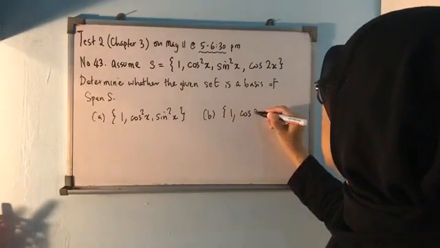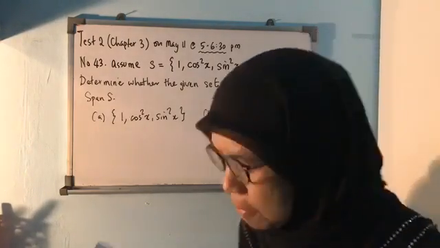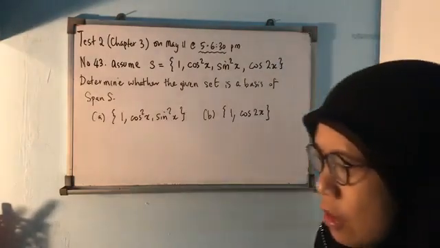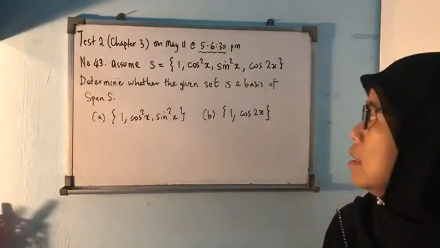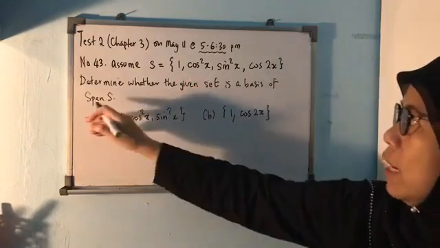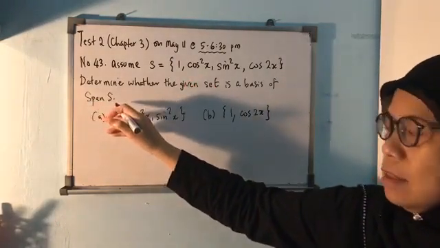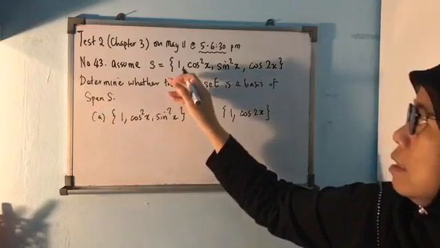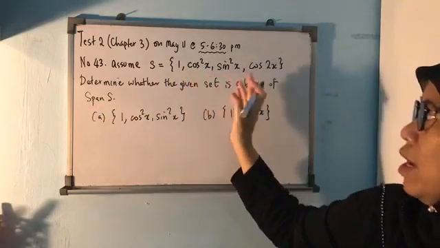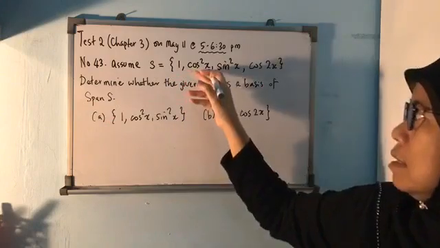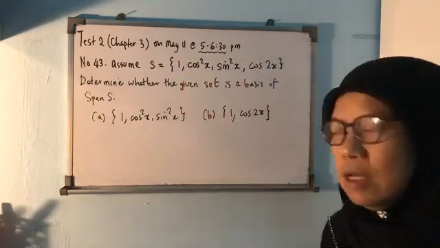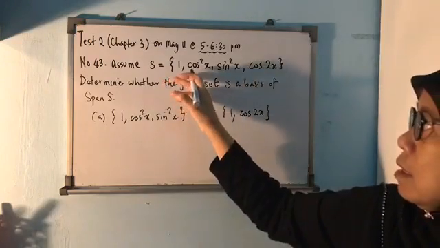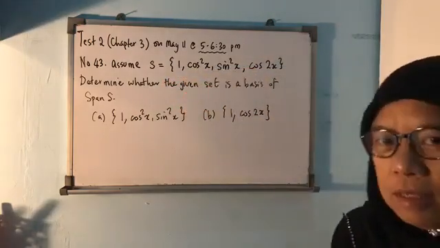Now the difference is you cannot find what is span S. Because this is just for any x, in radian or in degree, this will give a number, right?